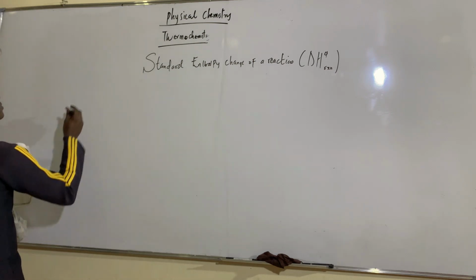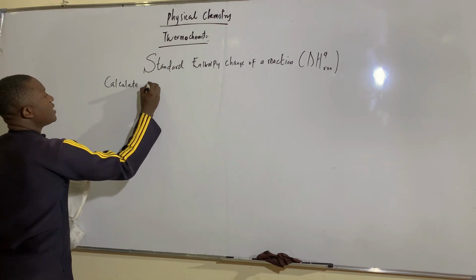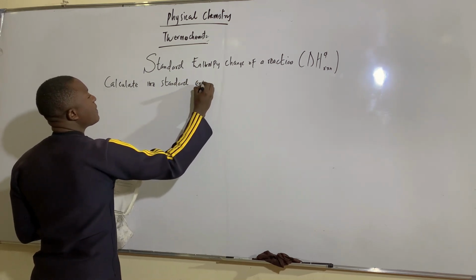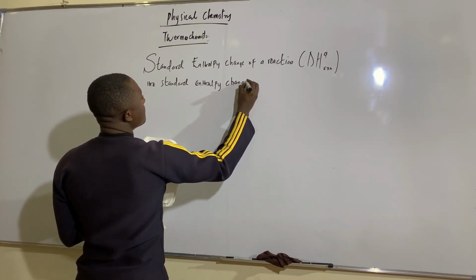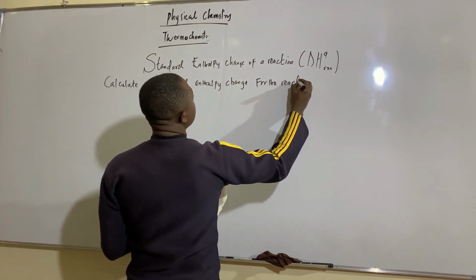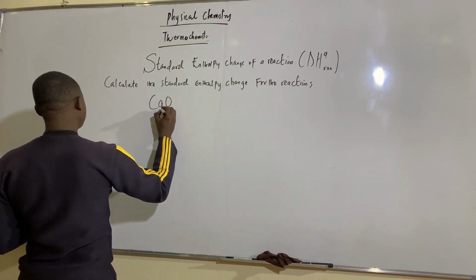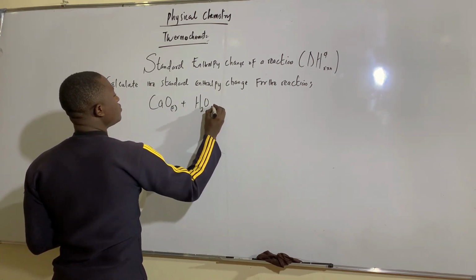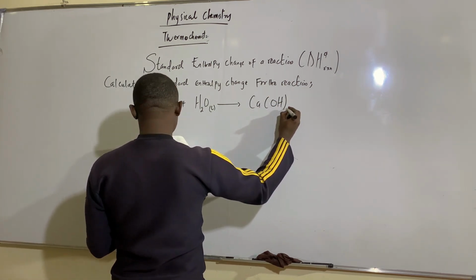They said calculate the standard enthalpy change for the reaction: calcium oxide plus H2O, which is liquid, gives calcium hydroxide.